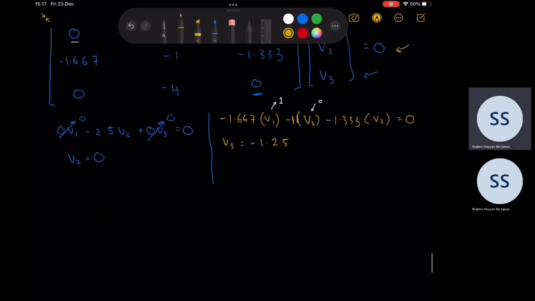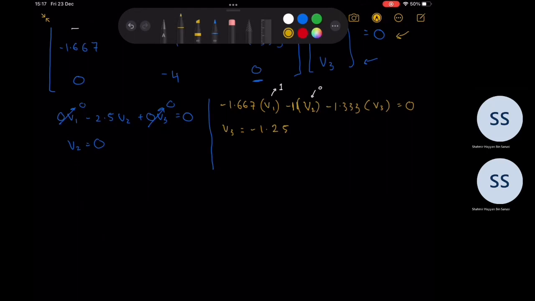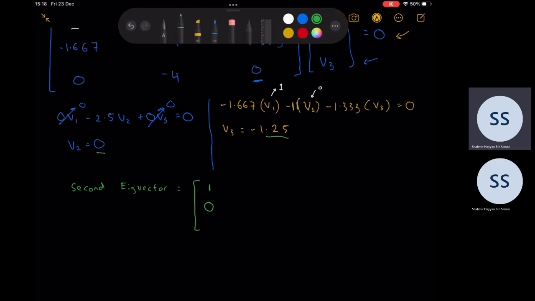So the second eigenvector is V1, which is 1, V2 is 0, and V3 is negative 1.25.